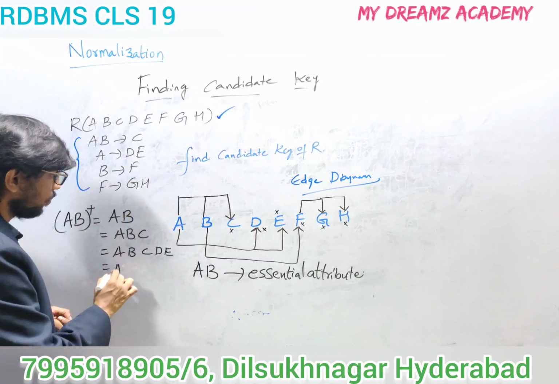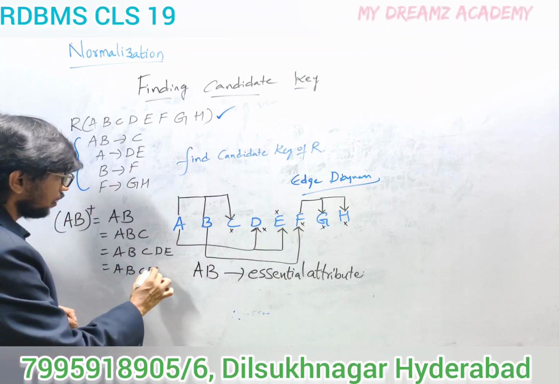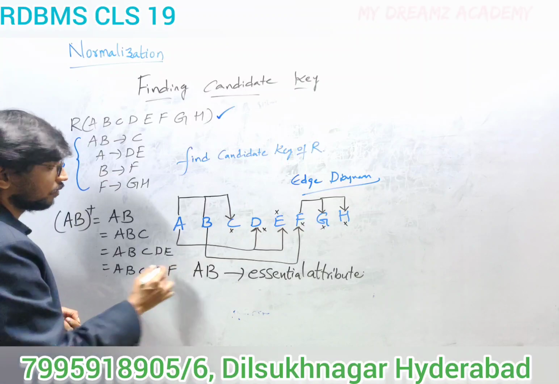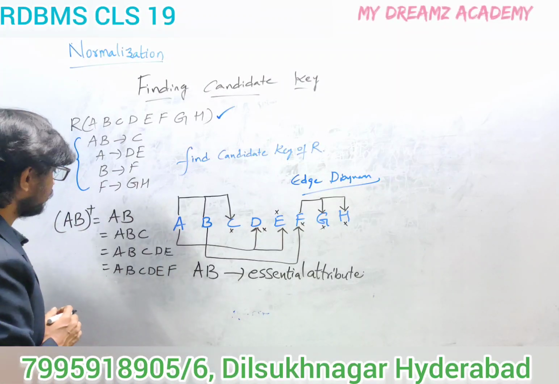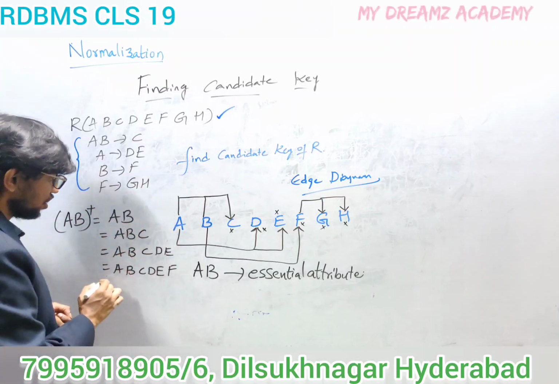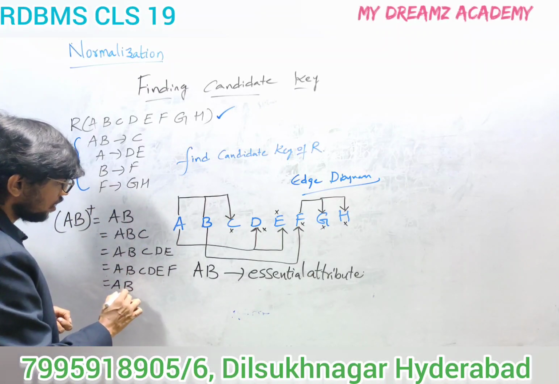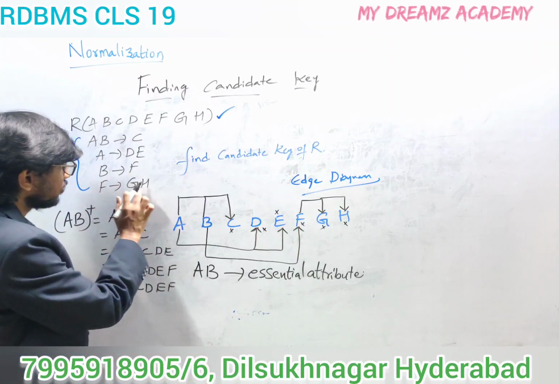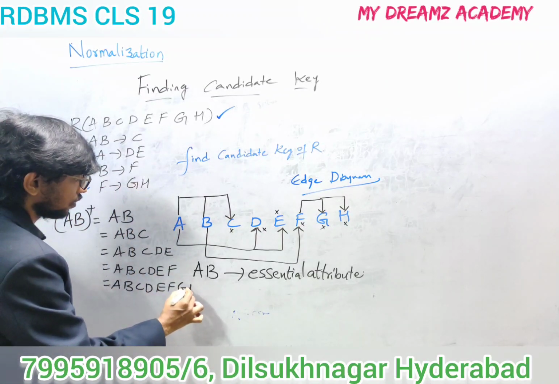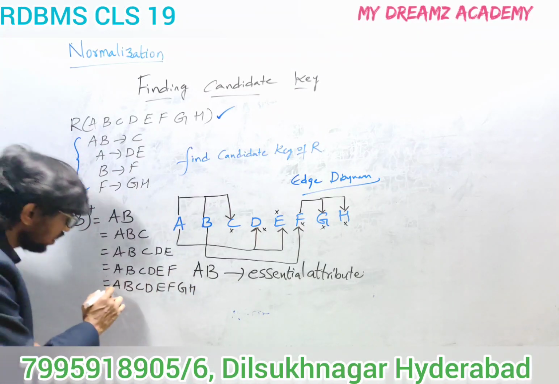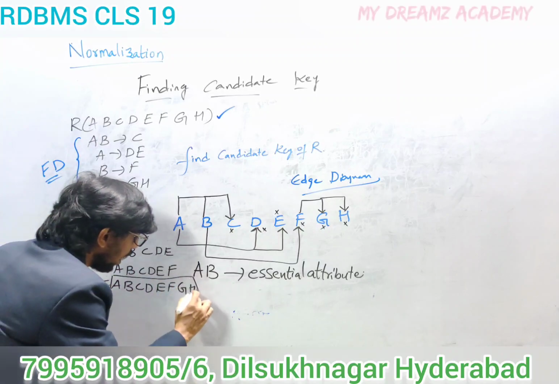So, I can write A, B, C, D, E. If I know B, I am determining F, okay? Now, if I know F, I can determine GH, yes, obviously: A, B, C, D, E, F, G, H. Now, this total thing is the relational schema.